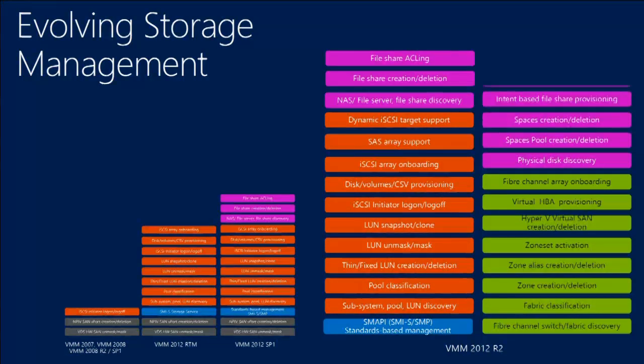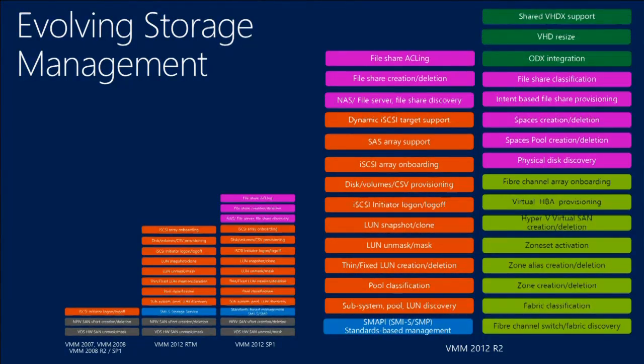We've continued to expand our investments in scale-out file server, and that's all of the spaces provisioning, pool provisioning, etc., and now intent-based management and file share classification. We've gone also the step further to say, let's make sure that we're optimal on deployment, so ODX integration. I didn't show this, but VHD resize is now supported, online VHD resize, and also support for shared VHDX. So that's the stack that we've been building over time.